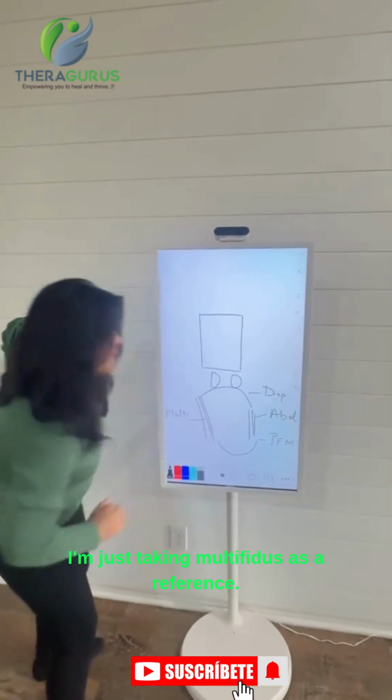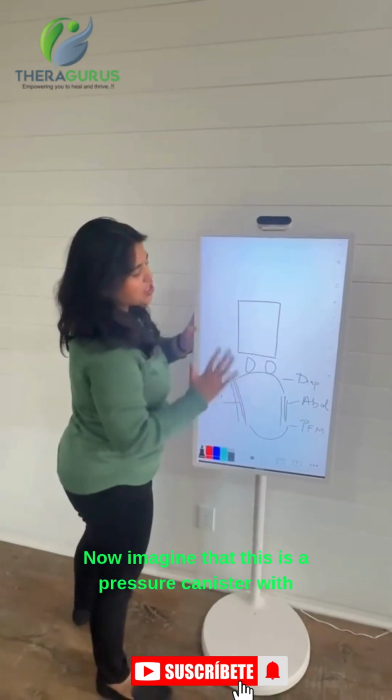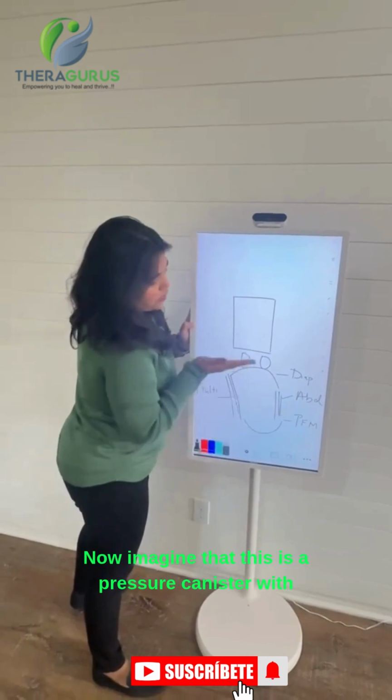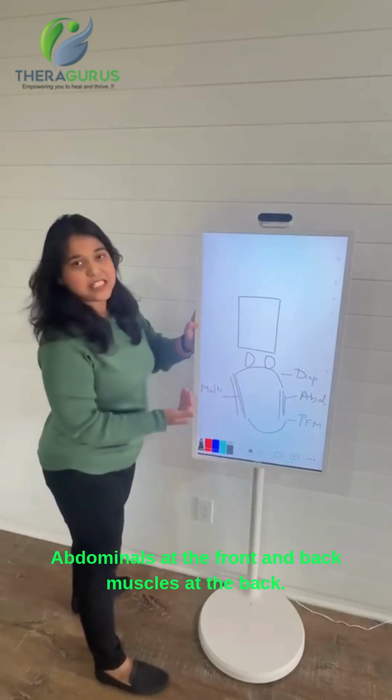I'm just taking multifidus as a reference. So this is how it looks. Now imagine that this is a pressure canister with your diaphragm at the top, pelvic floor at the bottom, abdominals at the front, and back muscles at the back.